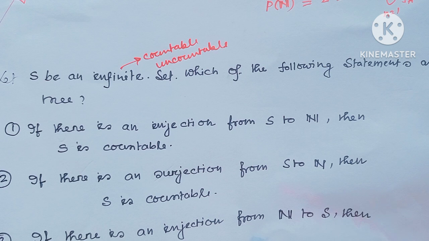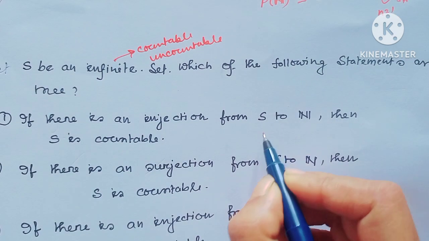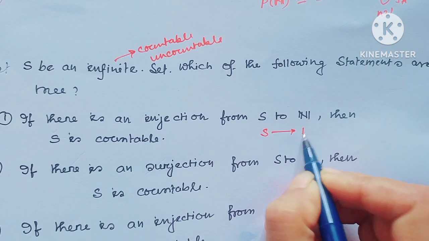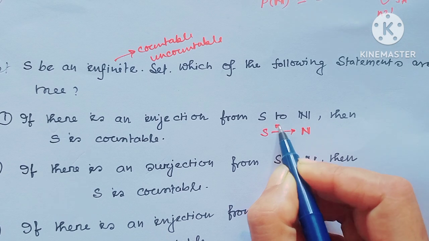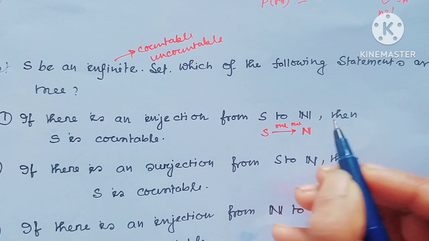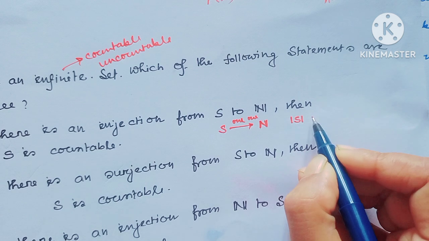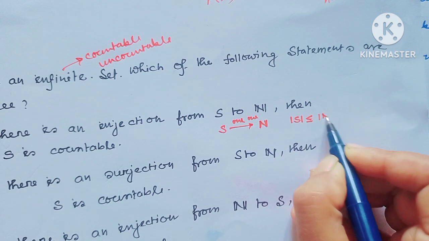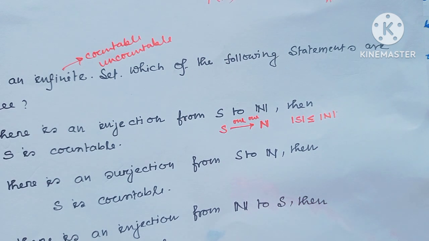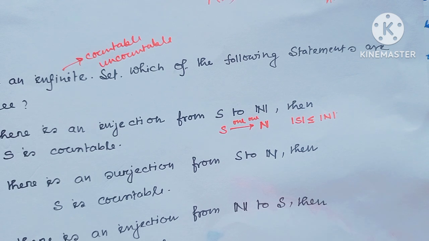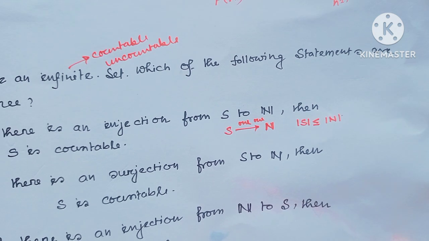At first, just recall: when there is a one-to-one map from S to the natural numbers, then the cardinality of S is always less than or equal to the cardinality of the natural numbers. These are the rules of injection.